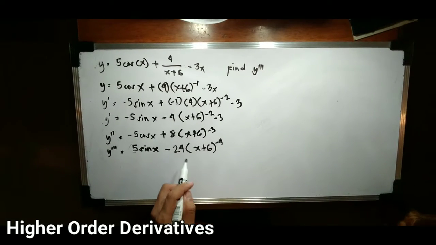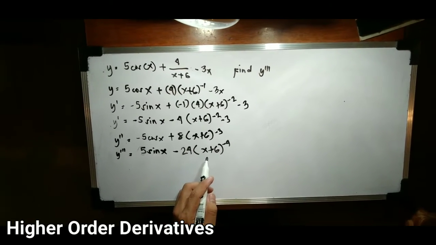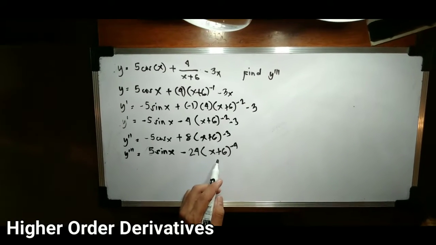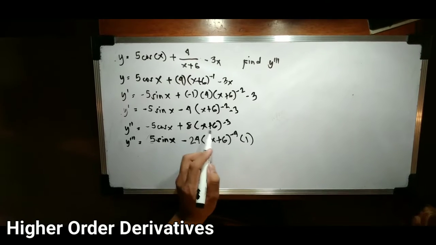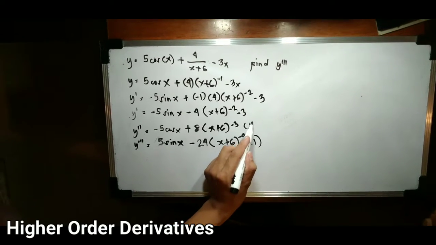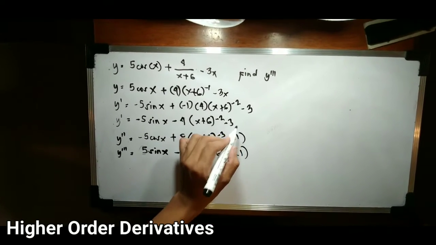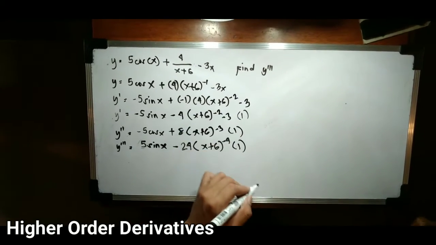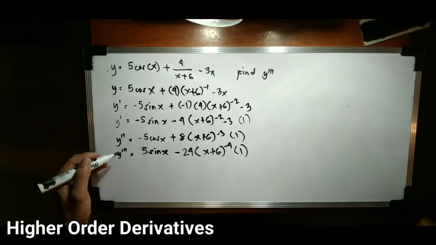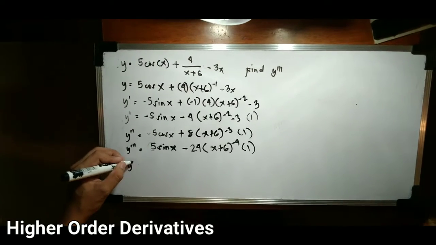Now we will get the derivative of the inner portion of the function, which is 1. Also here, which is equal to 1. And also here, equal to 1.